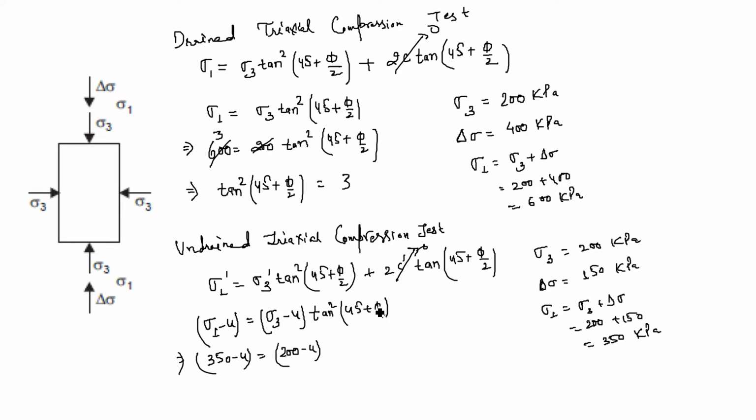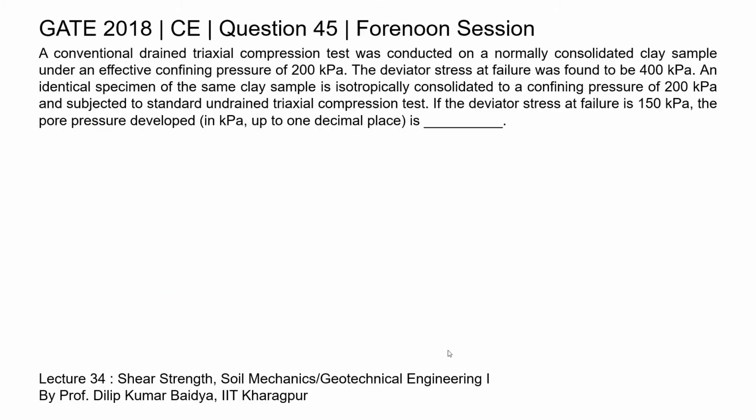Why? Because the clay sample is identical, so the value of phi will be the same. So 350 minus u equals 600 minus 3u. After solving it, we get u equal to 125 kilopascal, that is, the pore water pressure in the undrained triaxial compression test is 125 kilopascal.